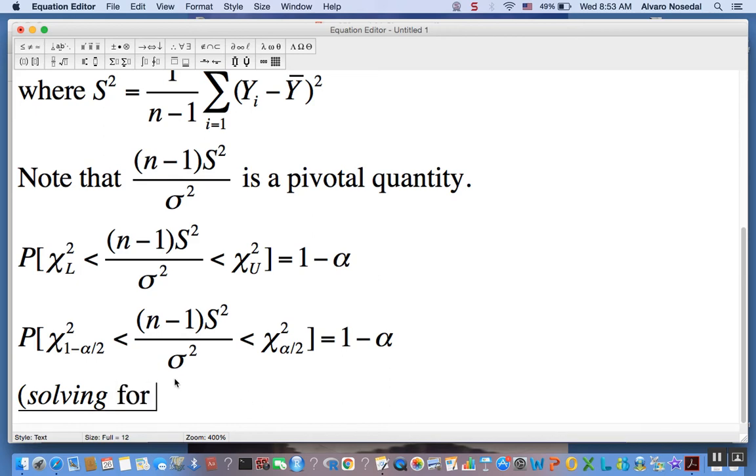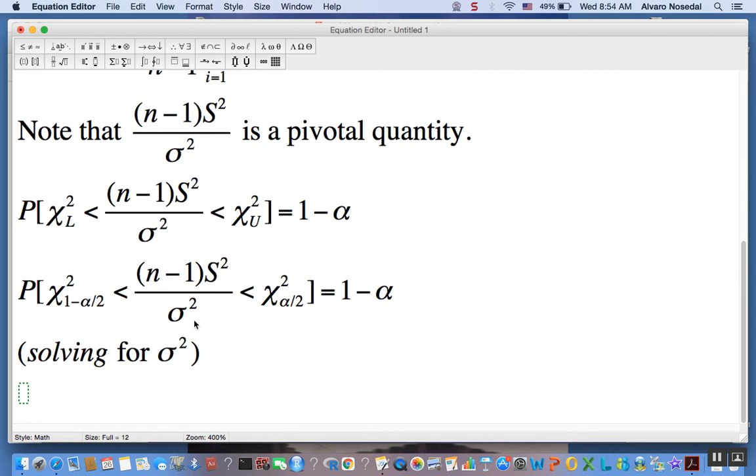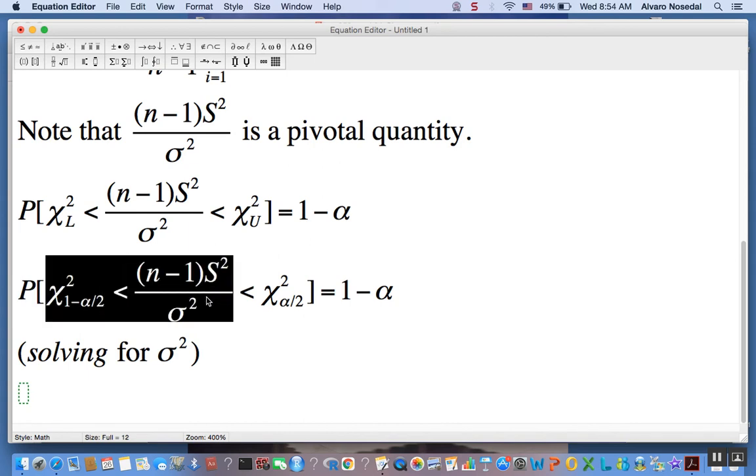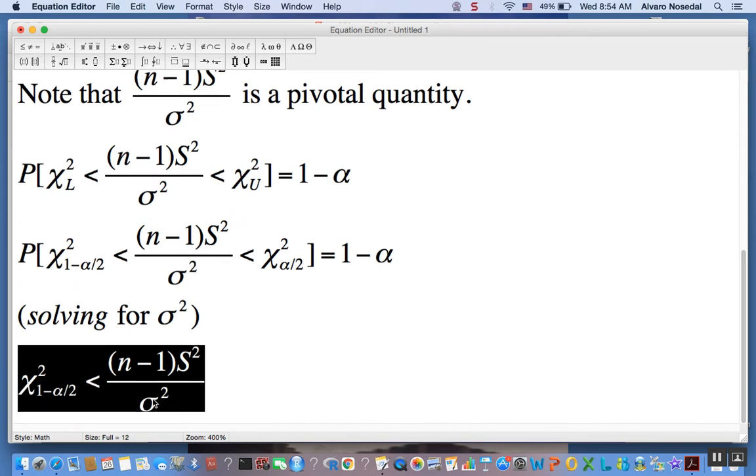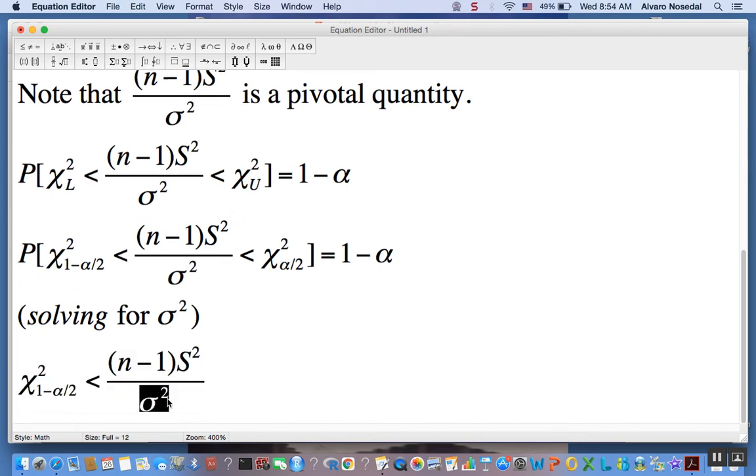Now, solving for sigma squared. So note, right? Let me do this with this guy here. We multiply by sigma squared on both sides, so we end up with this, right?